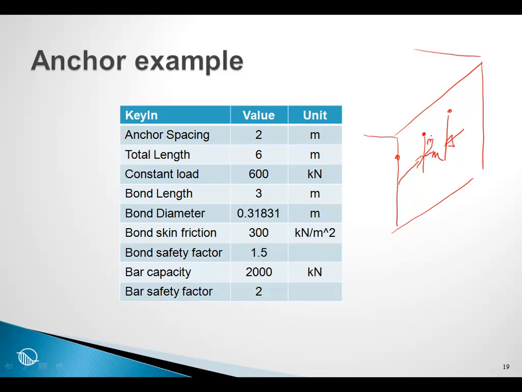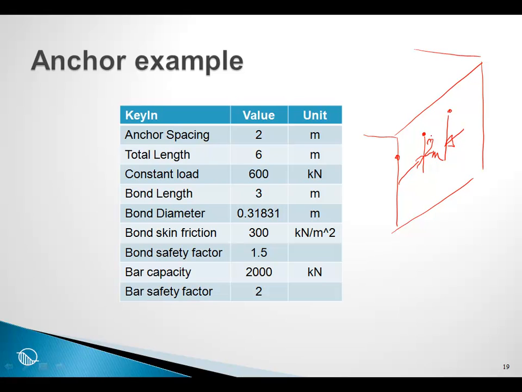Slope W is formulated for analyzing a soil slice 1 meter into the paper. And so when we have things like anchors, we have to, number one, normalize the anchor such that it is analyzed per meter into the paper.